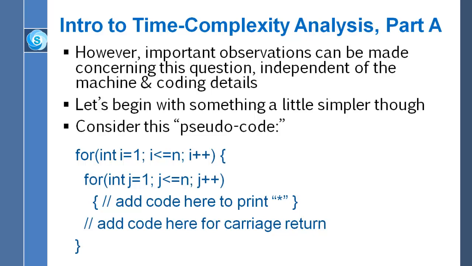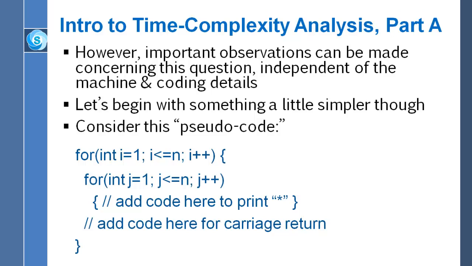So this code basically has a nesting of two loops. The outer loop loops n times. I'm assuming some value for n is specified beforehand. So the outer loop loops n times, and the inner loop also loops n times. Every time through the inner loop, let's assume that a single asterisk is printed.